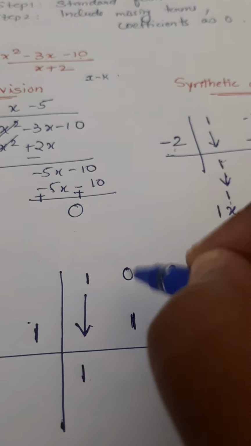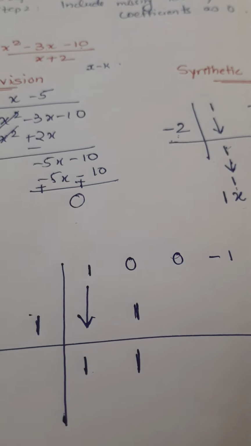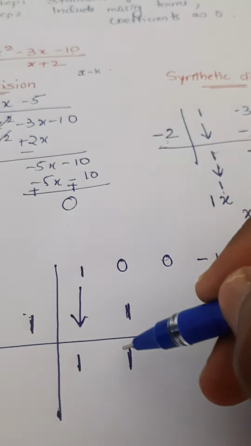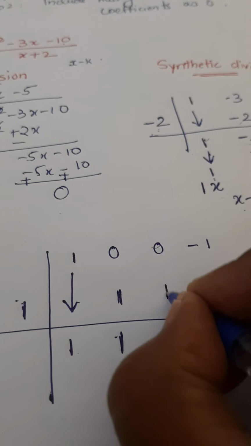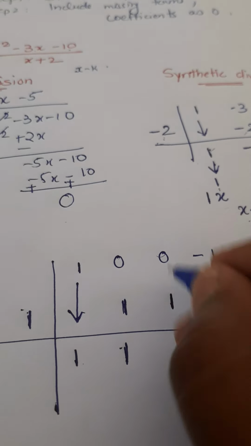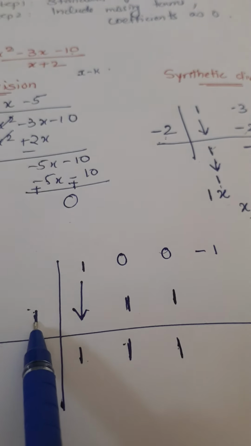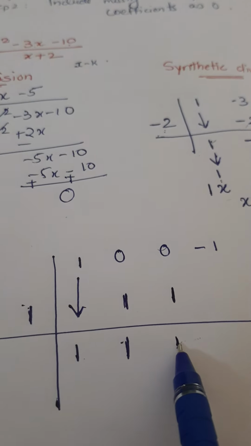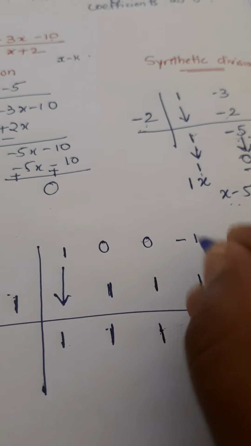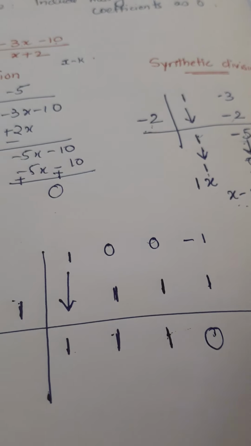Now add these two numbers, you will again get 1. Again multiply 1 with 1, the answer is 1. Write it down in the next column. Again add these two numbers, you will get 1. Again multiply the value of k, 1, with this number 1, you will get 1. Add these two, you will get 0.